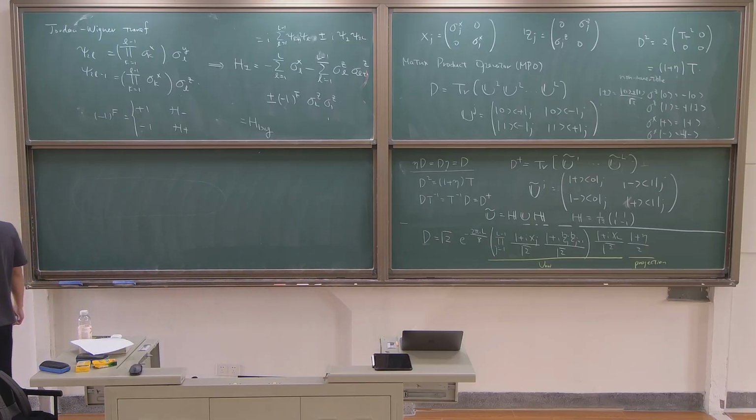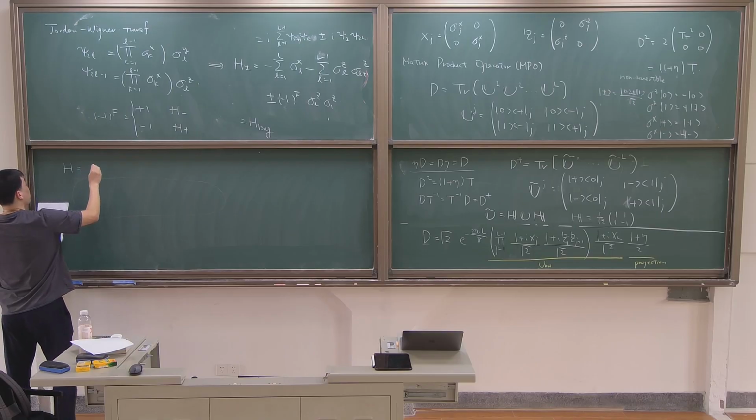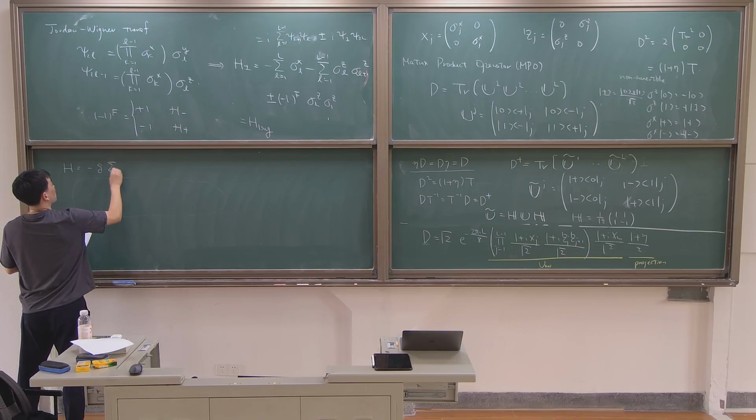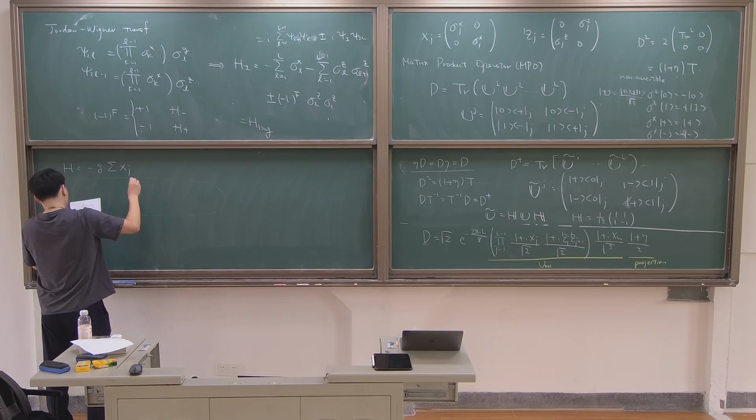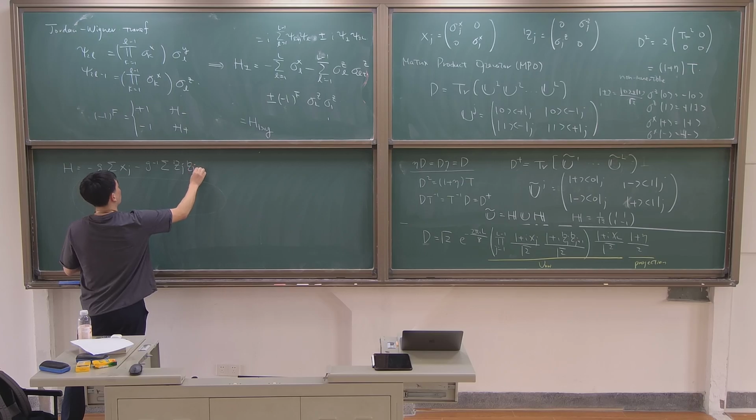So we can deform the system. The Ising Hamiltonian is again given this way: G times the sum of X_j minus G inverse times the sum of Z_j Z_j plus 1.